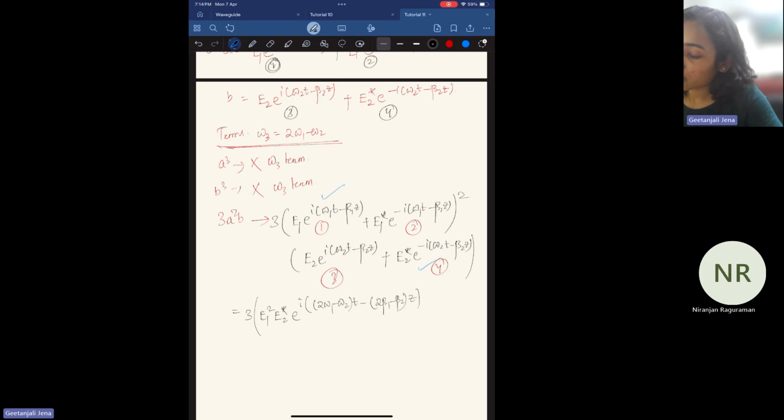Now, we have seen a square. If you take the square of the second term and multiply it with the third term, so the square of 2 with 3, this will give 2 omega 1 plus omega 2 here. So we'll get 2 omega 1 minus omega 2.